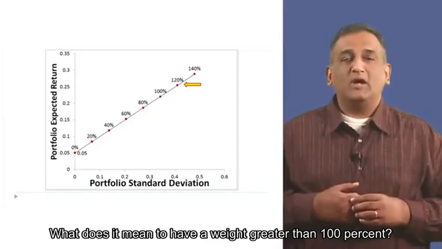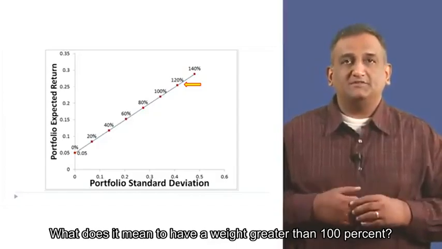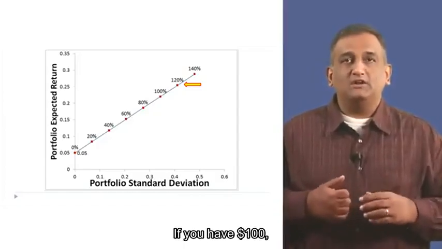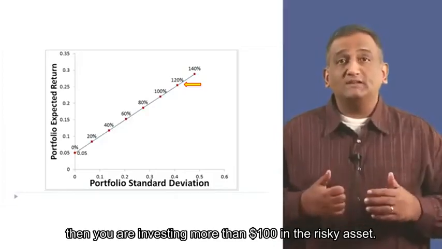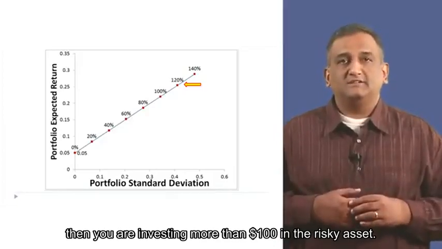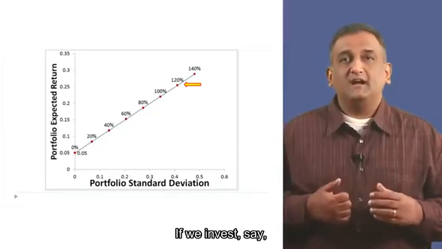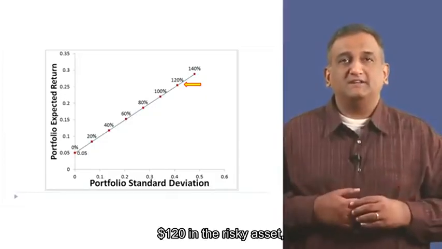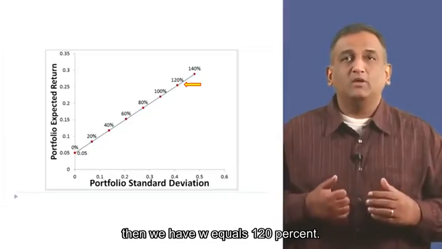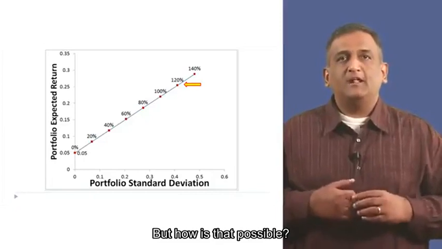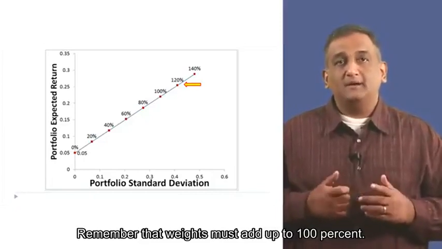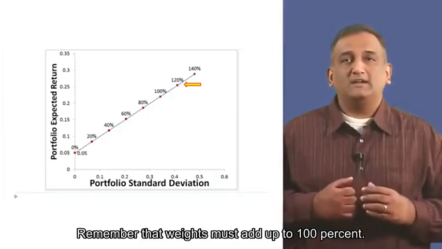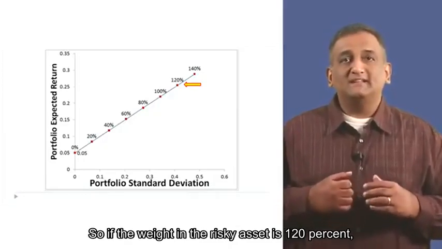The expected return of a portfolio with these 2 investments, denoted as ER sub P, is W times ER plus 1 minus W times R sub F, where ER is the expected return of the risky investment, R sub F is the return on the riskless investment, and W is the proportion of your money invested in the risky investment.